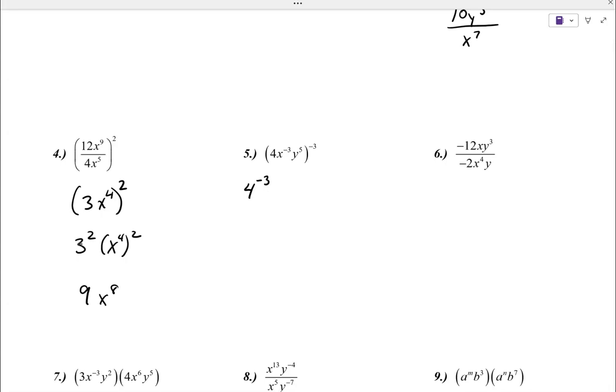What am I going to do with this exponent when I take the negative 3 and distribute it here? What are you going to do with those exponents? Multiply them. So you'll get x to the 9th. And then again, when I distribute it here, we'll get y to the negative 15th. Because we'll multiply again.